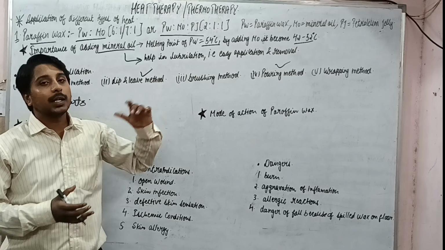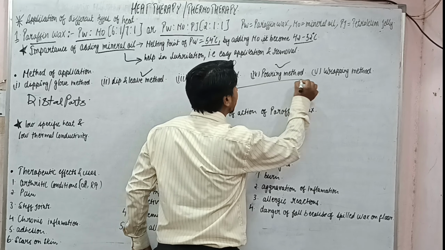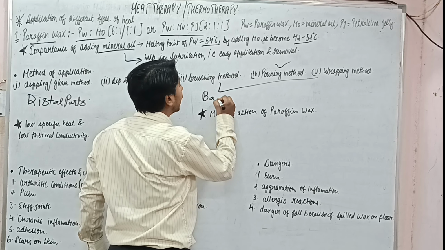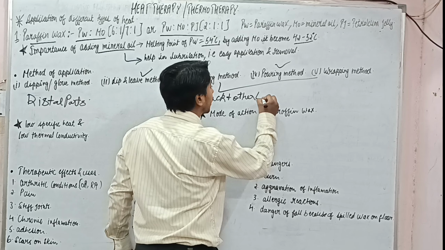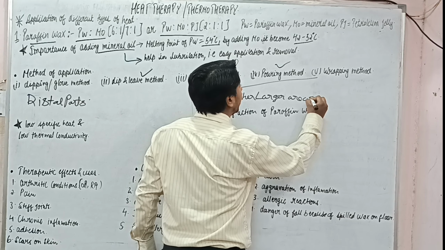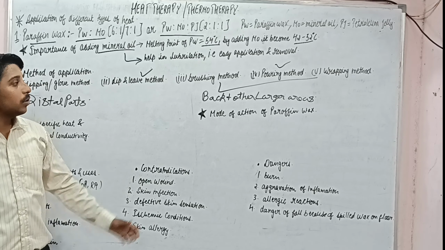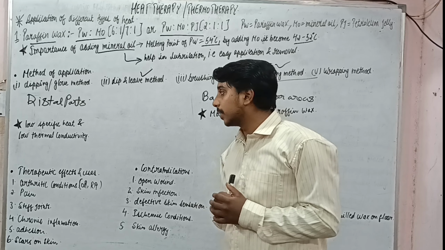The brushing method can also be used on the back of the patient. So these two can be used on the back and other larger areas, so these can be used by the therapist to provide heat. So these are different methods.